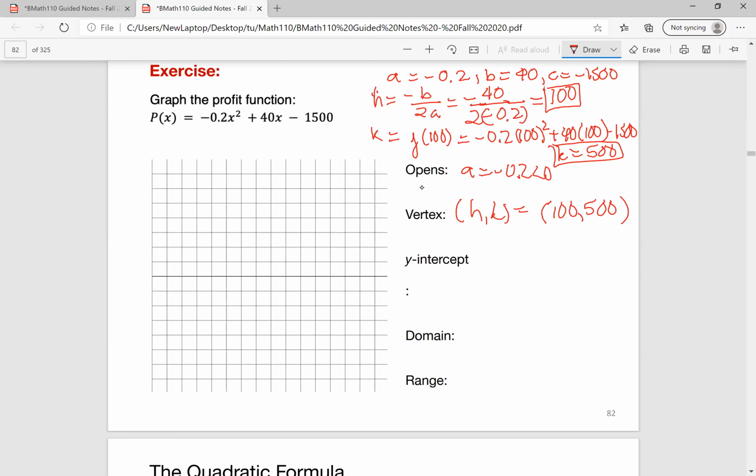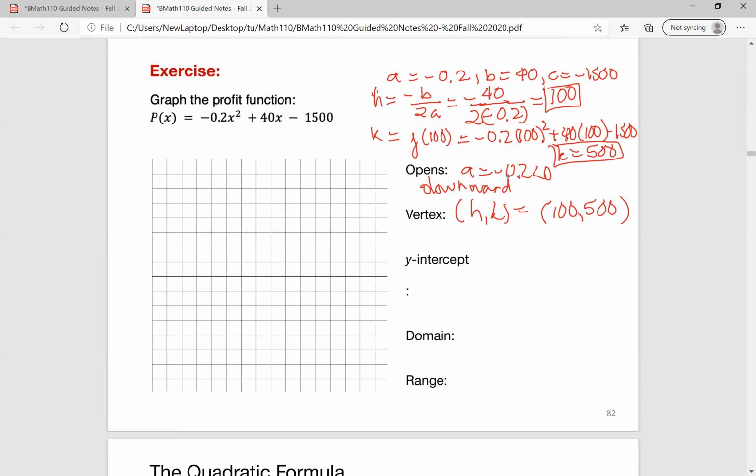So this has to be downward. And maybe if I ask you a question about whether the parabola is downward or upward, I should also list out clearly whether it opens downward or upward. Not only just say opens, that maybe doesn't make sense to me.